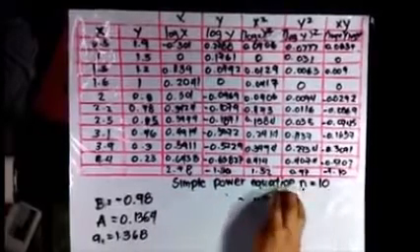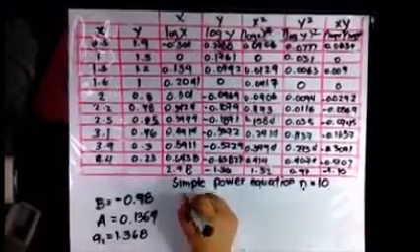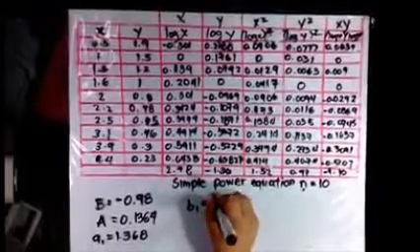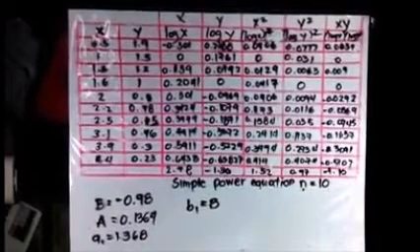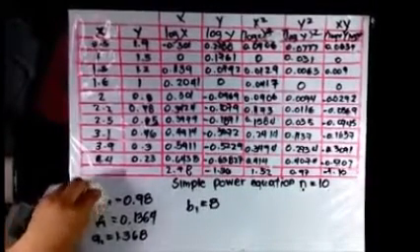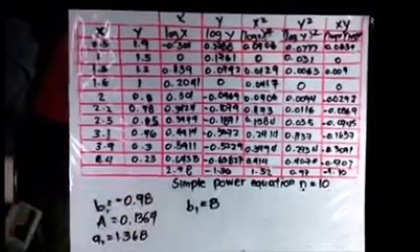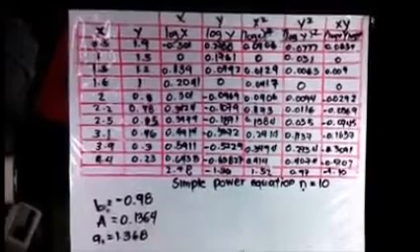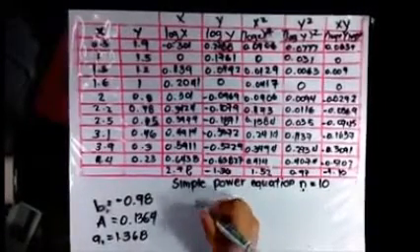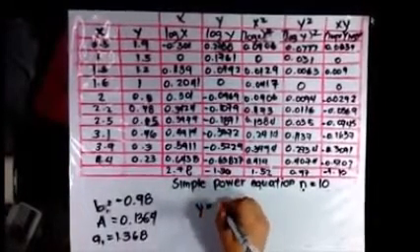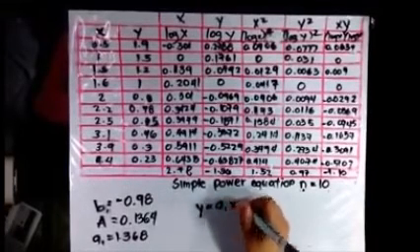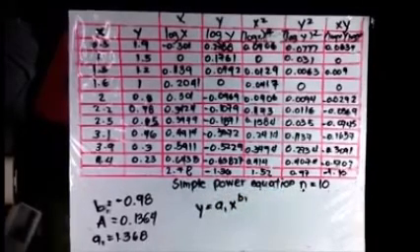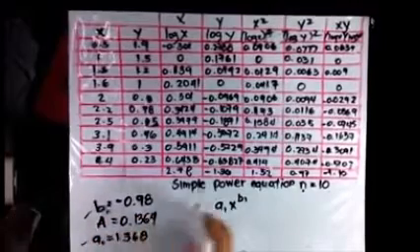Then for the value of B sub 1, we all know that it is equal to B. So we now have B sub 1. Then for the simple power equation, we have y is equal to A sub 1 times x raised to B sub 1. Then substitute the values of B sub 1 and A sub 1.